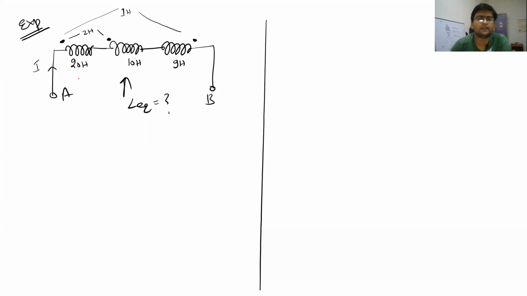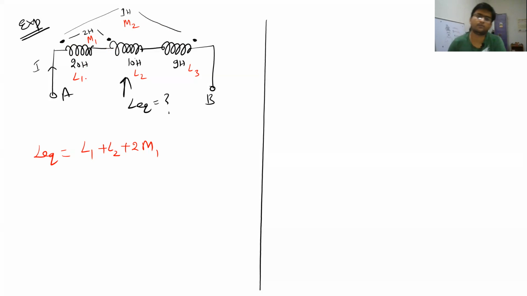Let me call this L1, this L2, and this L3, and the mutual inductance between first and second coil, let me call it M1, and between first and third, M2. Your L equivalent is definitely going to be L1 plus L2 plus 2 times M1, obviously because they are supporting.